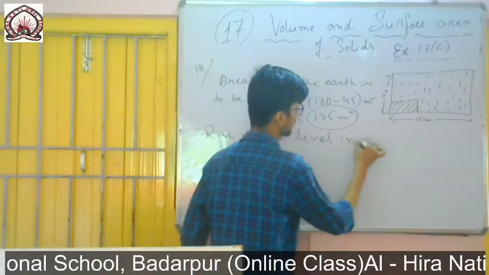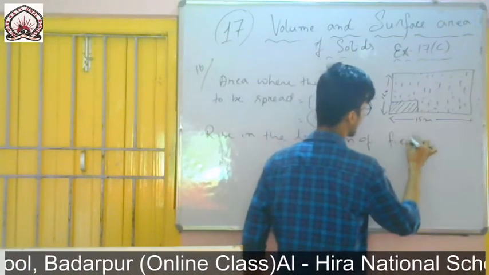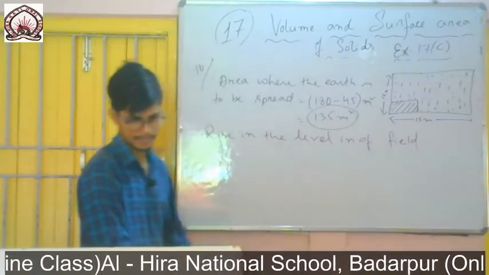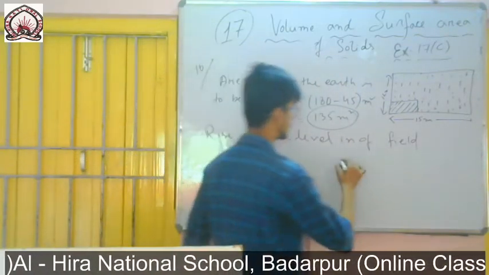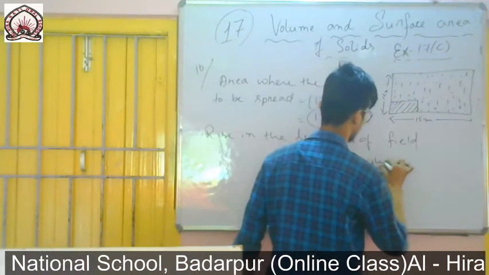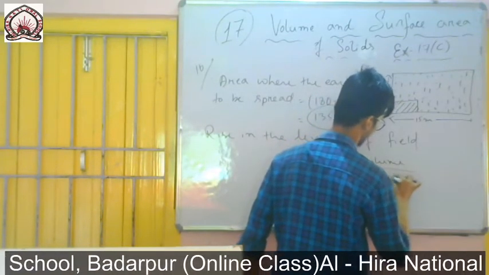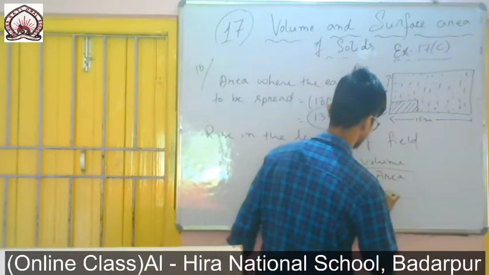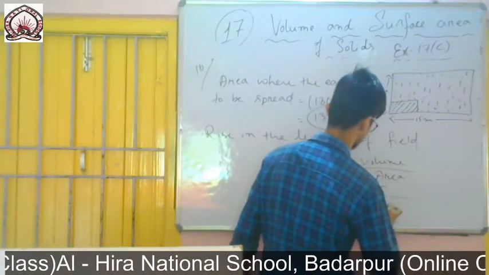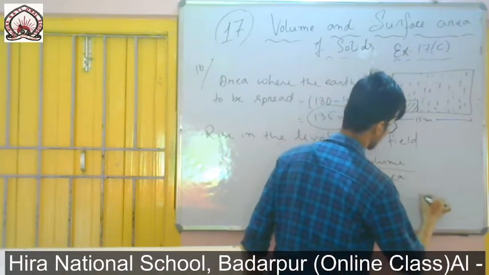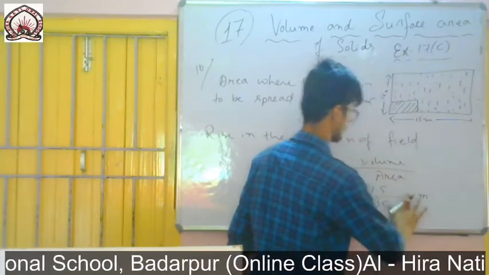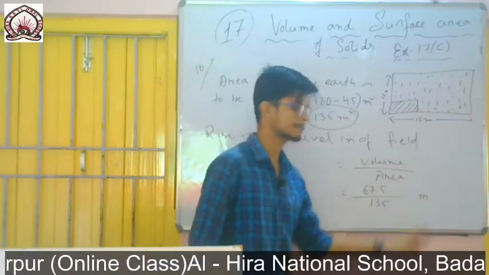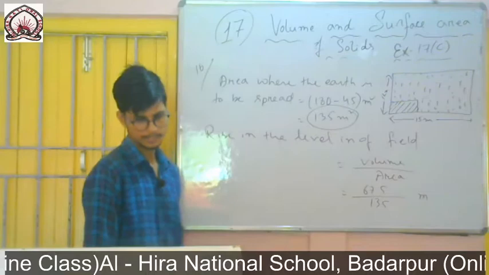Therefore, rise in the level of field, that means increase in height, equals volume by area. Volume is 67.5, area is 135, and the unit will be meter, because volume is in meter cube and area is in meter square.